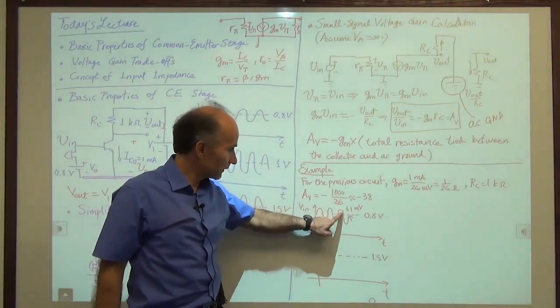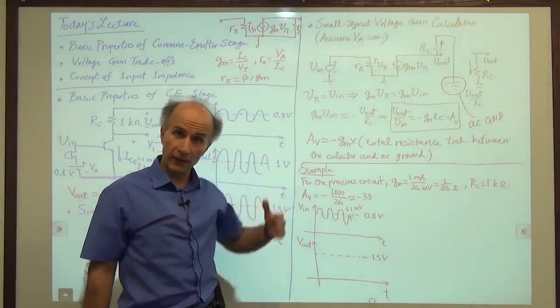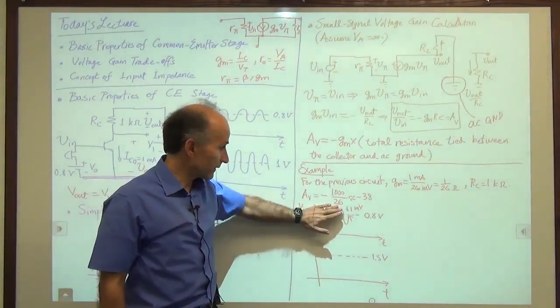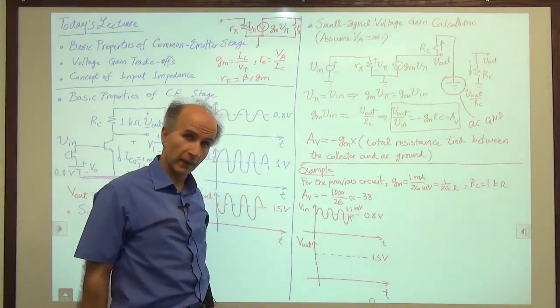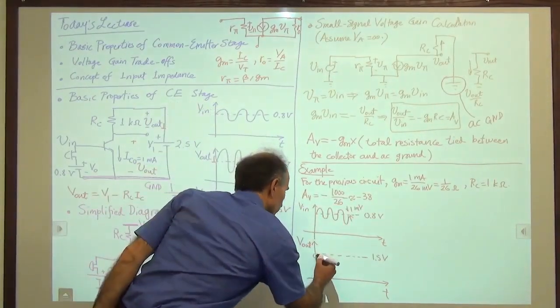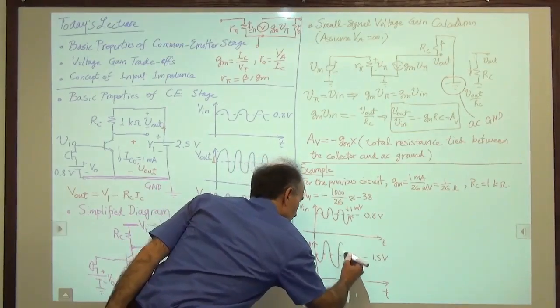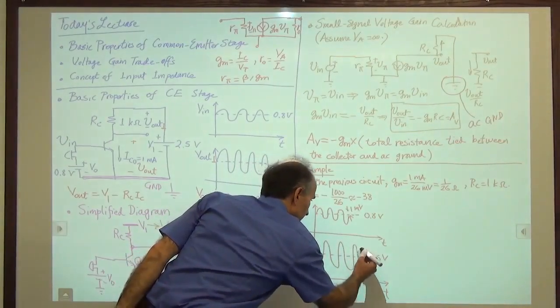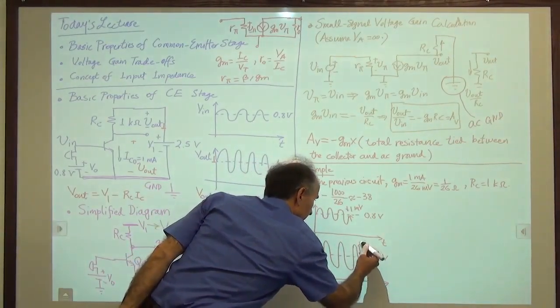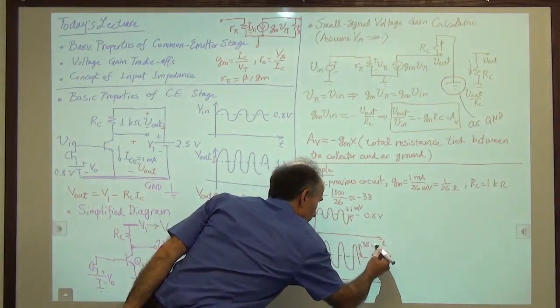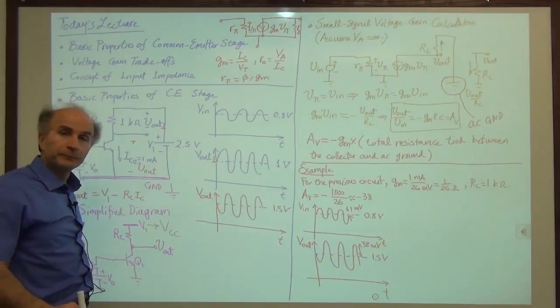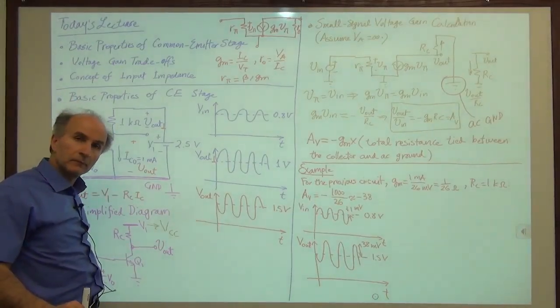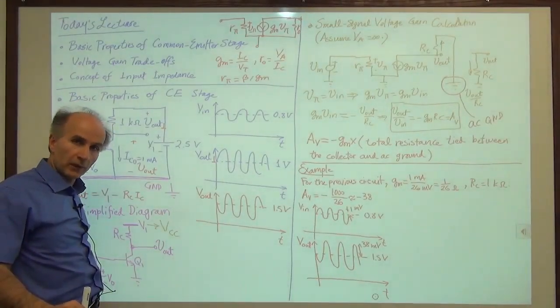So this amplitude will go up by a factor of 38. And then the entire signal is flipped upside down because there is a negative sign. So what we will see is something like this is flipped, and this amplitude is now 38 millivolts. Okay, so that's simple enough.